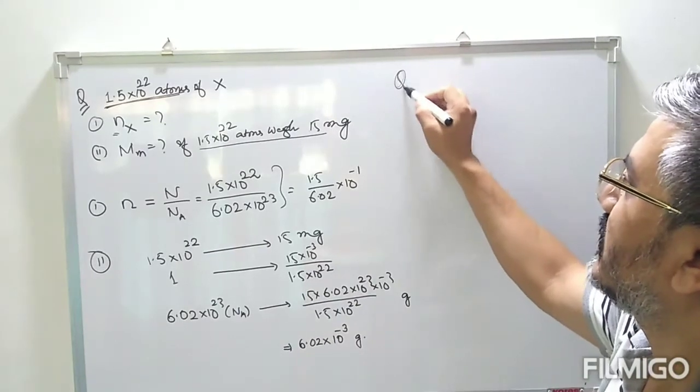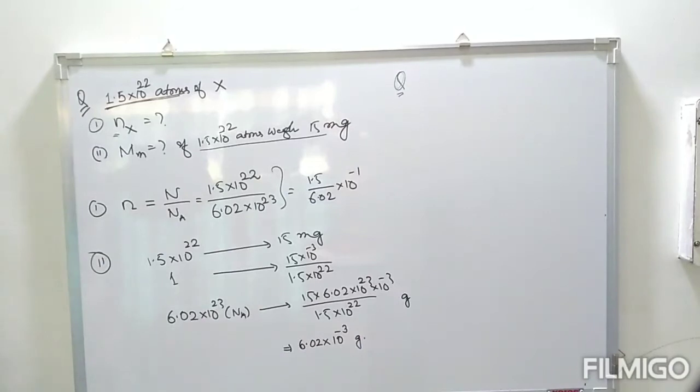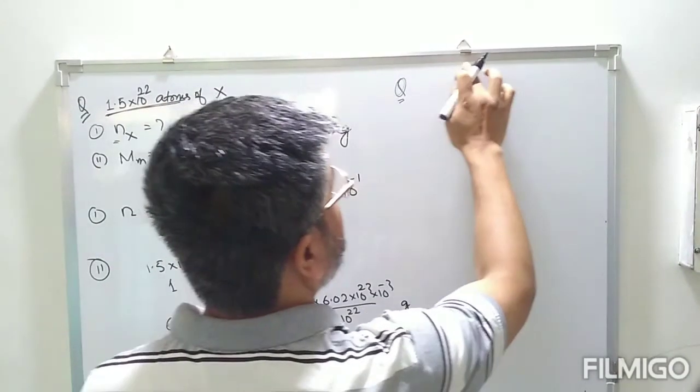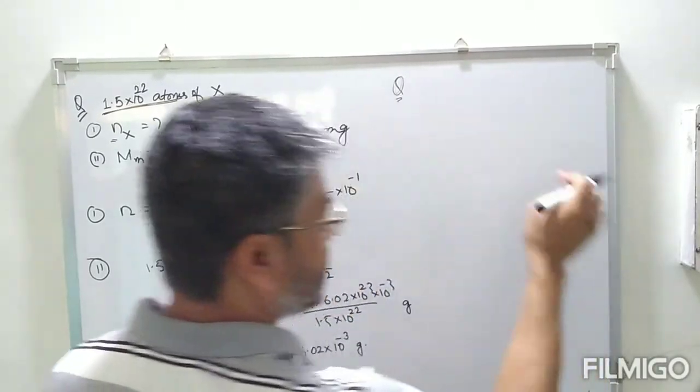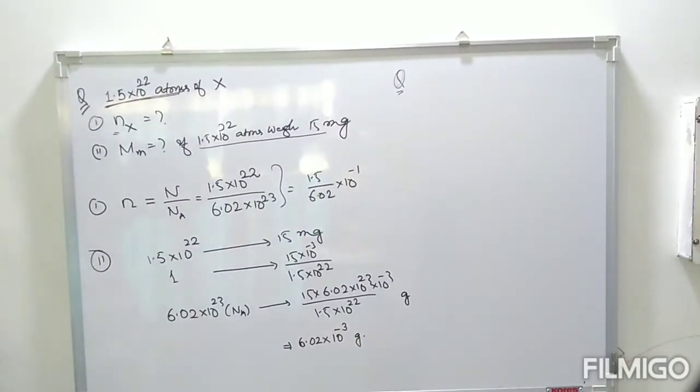And one more example that I'm going to discuss here. We have defined the number of moles in terms of volume occupied by the gas at STP.